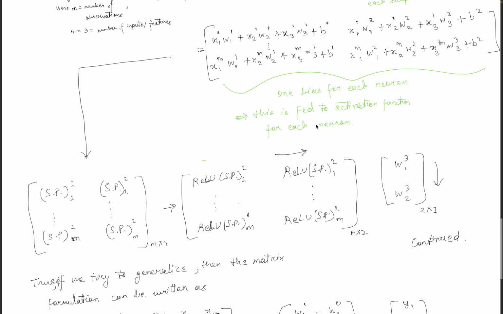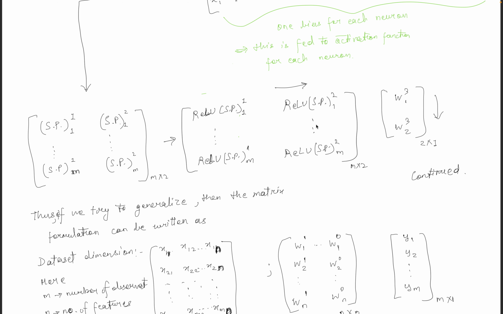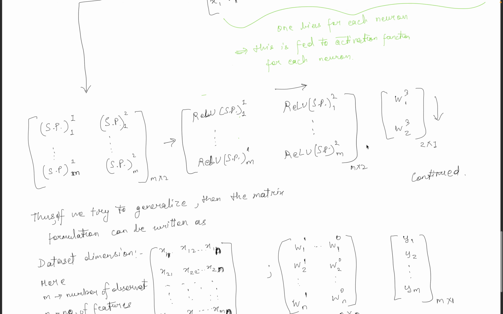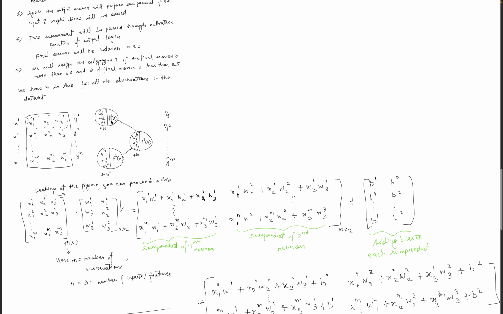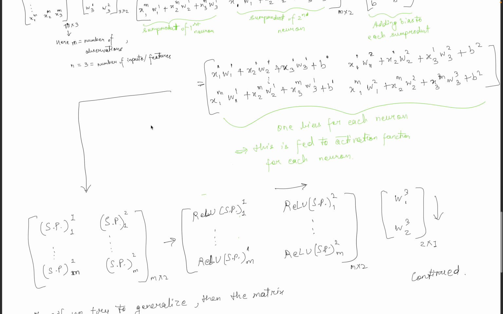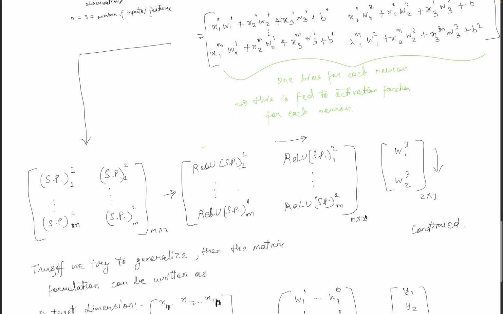The ReLU will choose the maximum between 0 and the input. So after this step we'll have either 0 or the input itself. After applying the activation function, this is the output.